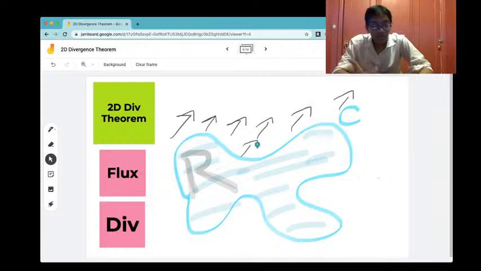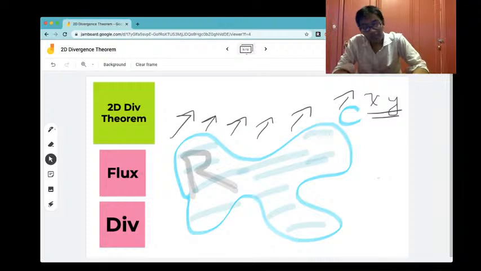Now this vector field is going to associate every point in my xy plane, and let's say this is xy, with some kind of a vector, right? And that vector might represent velocity, it might represent density, it might represent some kind of vector quantity, right?